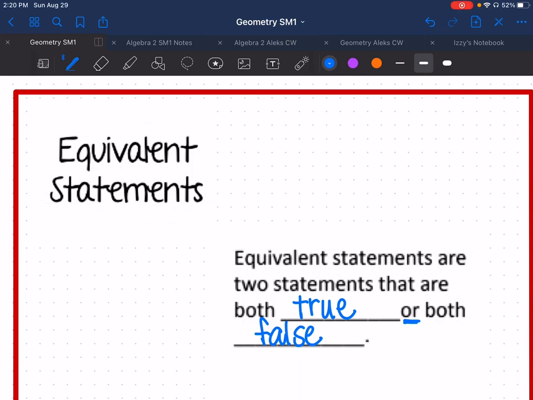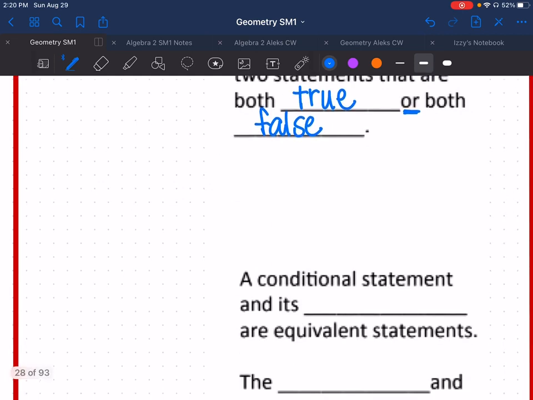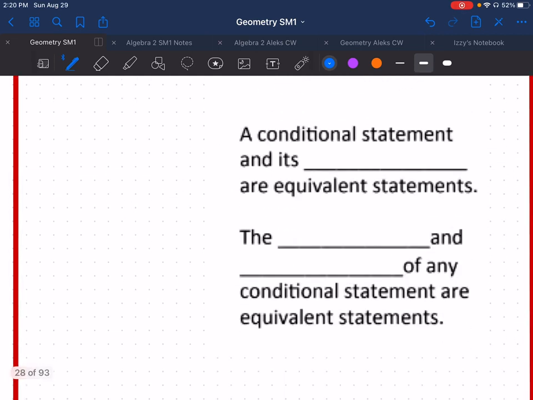They have to both be true or both be false to be equivalent statements. A conditional statement and its contrapositive are equivalent statements. Remember, the contrapositive is the one where we switch and we negate. So that is a true statement to the original conditional statement.